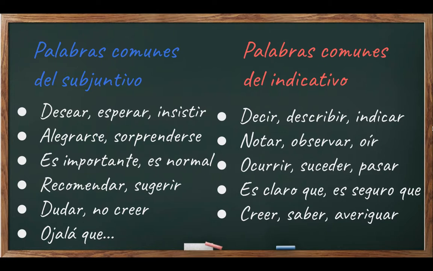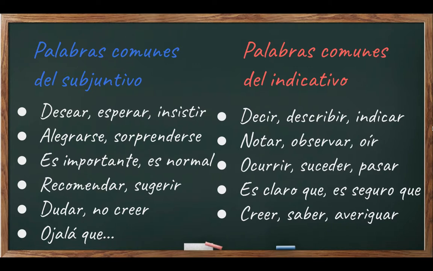If you're talking about things that you want, things that you recommend, things that you doubt, things that you hope for, emotions. So these are all different triggers for the subjunctive. Whenever you see one of these, if you look at it in addition to there's a que in the middle of the sentence, there's 2 subjects, there's 2 verbs, usually you'll be able to kind of narrow down and figure out that it's using the subjunctive.